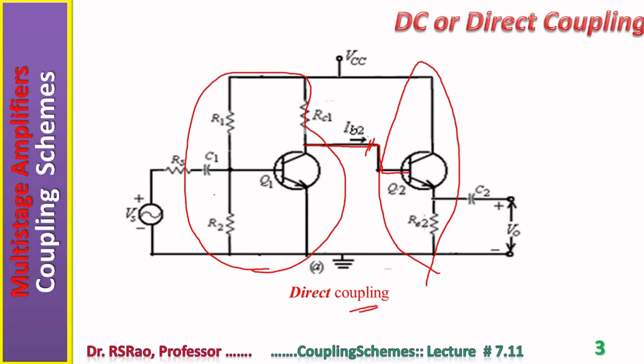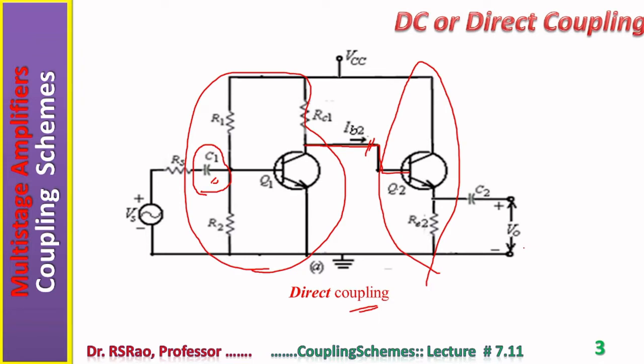Of course, at the input terminals of the first stage, you can find C1. C1 couples the source to the first stage through a capacitor, so capacitive coupling, RC coupling. C1 implements the RC coupling between source and the first stage.